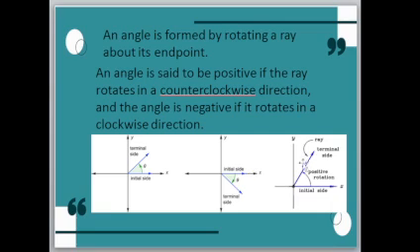In the first picture, this is counterclockwise, and here is the clockwise. So you have to take note that the angle is said to be positive if the ray rotates in a counterclockwise direction, and negative if it rotates in a clockwise direction. The first example is in the counterclockwise direction, and the second example is in the clockwise direction.